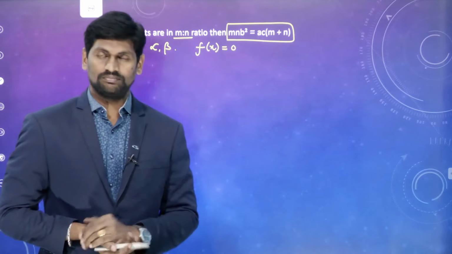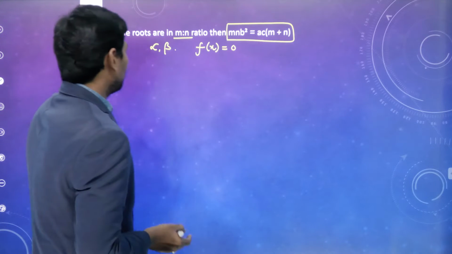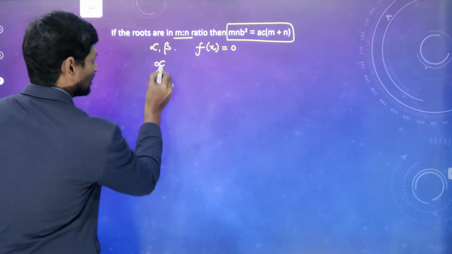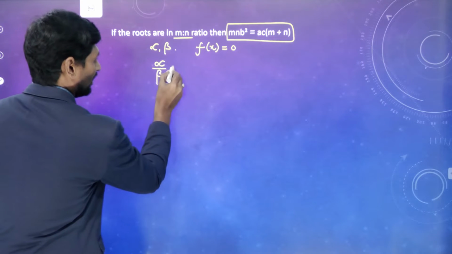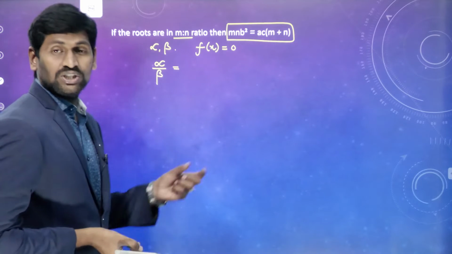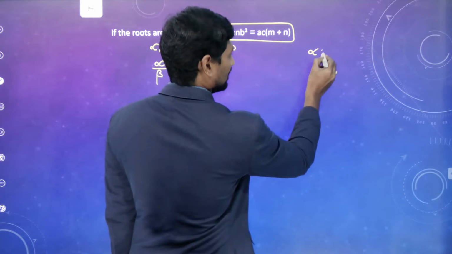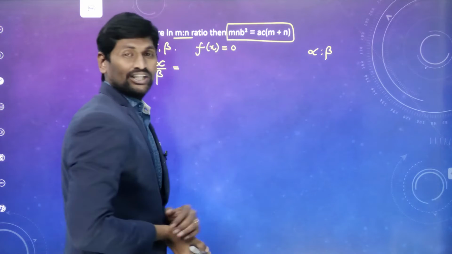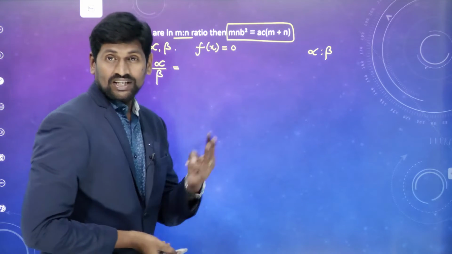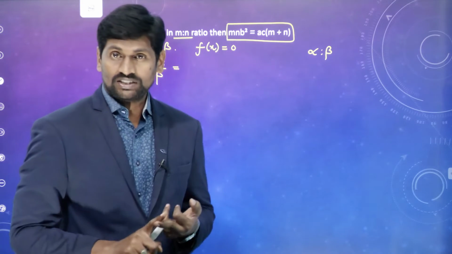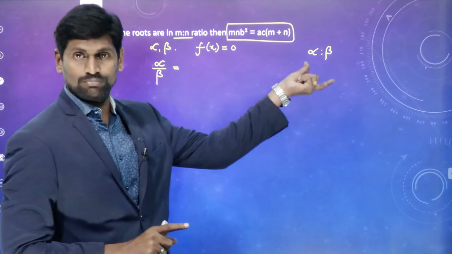It's the general form. Now here, given that the roots are in the ratio, that means we can write the ratio in another form, the fractional form. For example, alpha is to beta is the ratio form. Actually ratio has 3 forms: written form, fractional form and symbolic form. This is symbolic form.